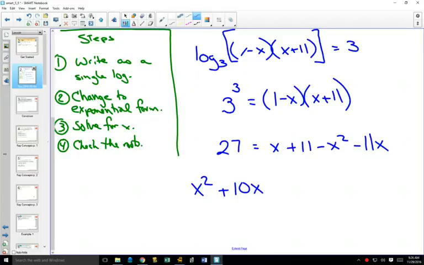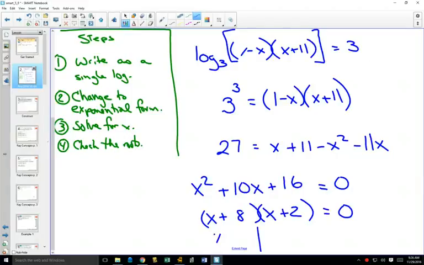I'm going to move the 11 over, but I have 27, so this will end up with plus 16. Is this factorable? Yes, it is. It's going to be x plus 8 and x plus 2. So we get our two answers as negative 8 and negative 2.